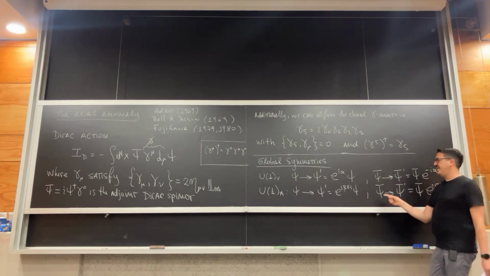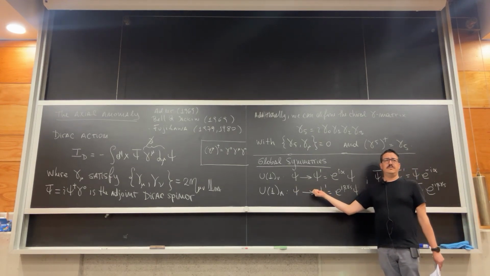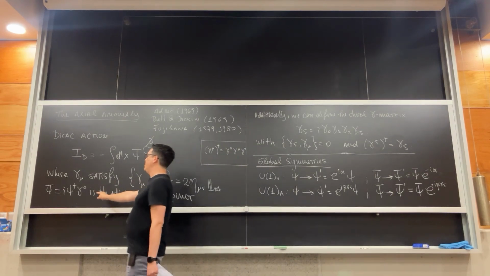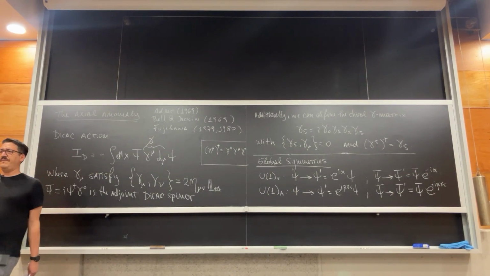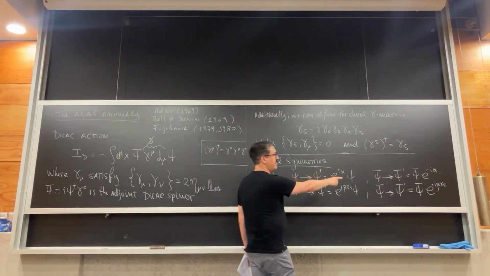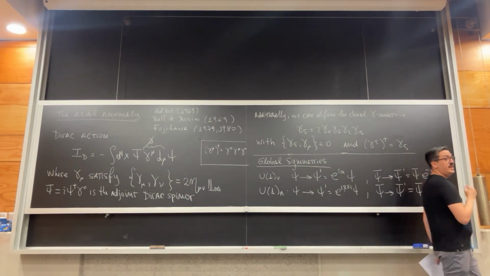You can convince yourself by taking the dagger, considering that you have a gamma 0 here, and that gamma 0 with gamma 5 anticommutes, and so this will give you a plus here instead of a minus.